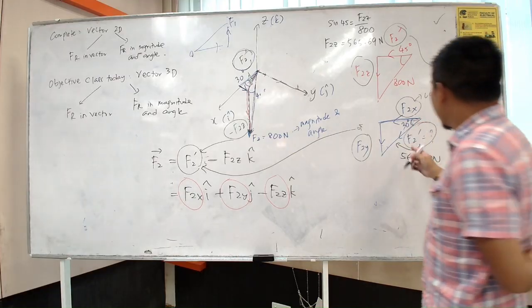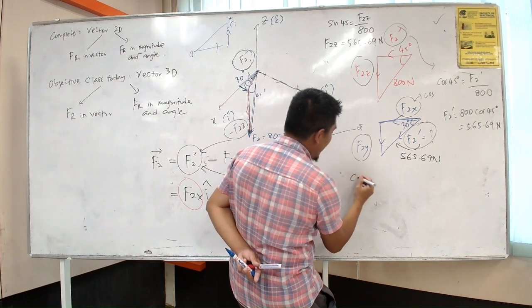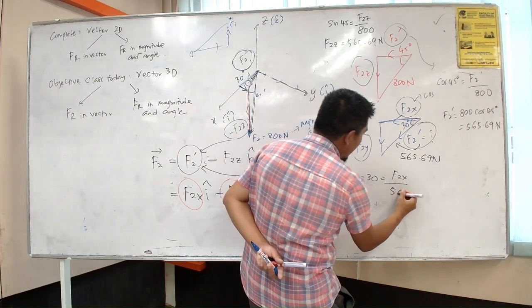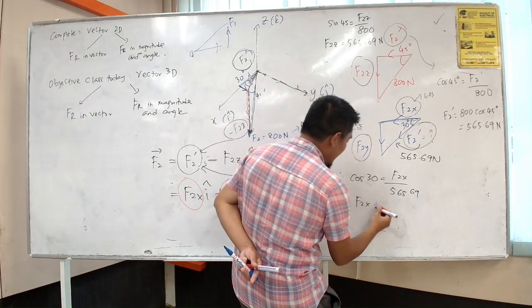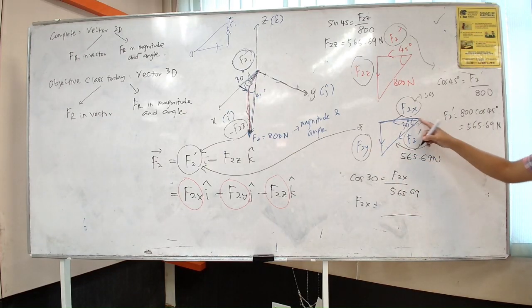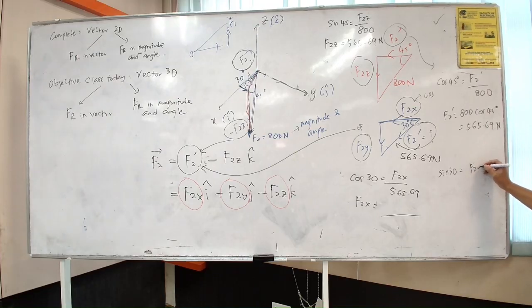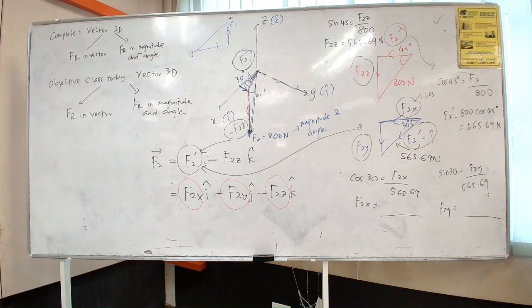So that's why to calculate F2x, cos 30 equal to F2x divided by 565.69. Then you can get F2x, you get the answer. To calculate the F2y, because opposite of the angle, you use sine 30 equal to F2y divided by 565.69, and then the F2y, you calculate the answer.